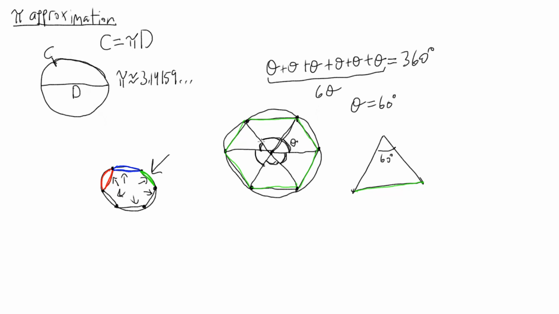But one other thing to note is that each of these internal line segments, each of these guys, is, on one hand, an edge of the triangle. On the other hand, each of these is the radius of the circle. Now, for ease of calculation, I'm going to make this circle have a radius of 1. So each of those red segments will have a length of 1.